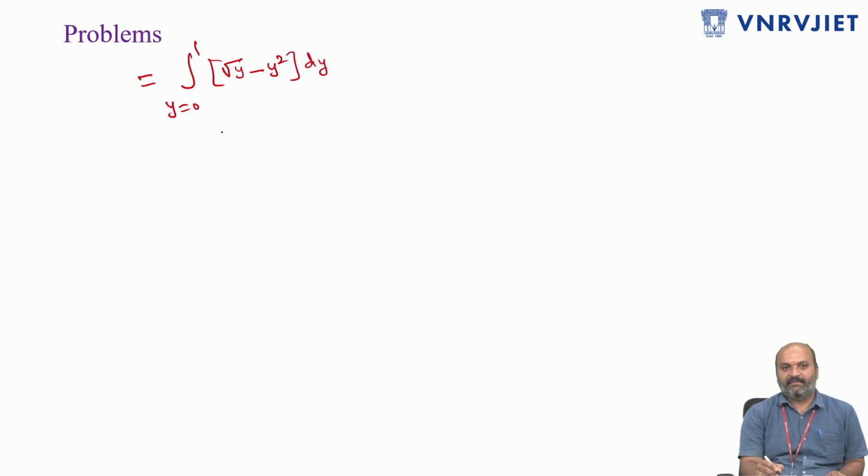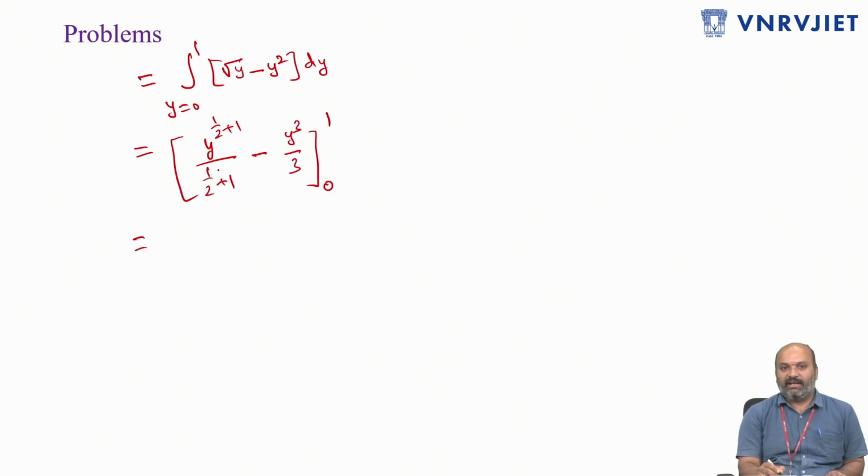Now integrating with respect to y, root y is y to the power of 1 by 2, so its integral is y to the power of (1 by 2 plus 1) divided by (1 by 2 plus 1), minus y square integral, which is y cube divided by 3, with upper limit 1 and lower limit 0.